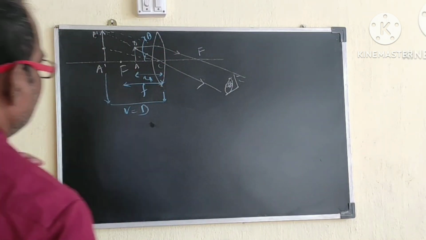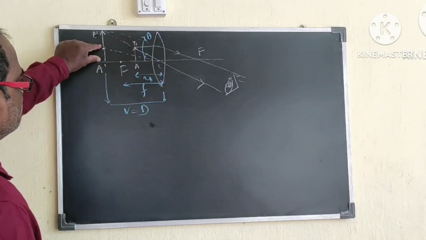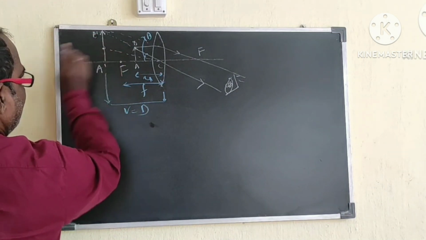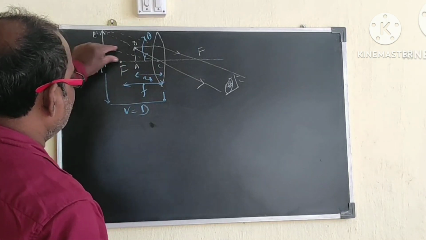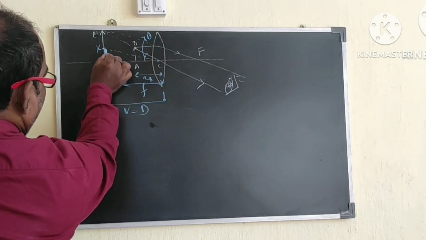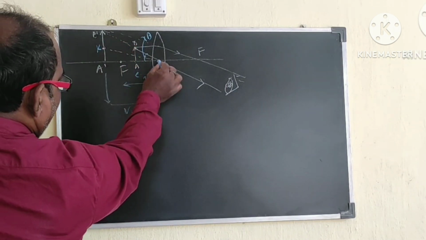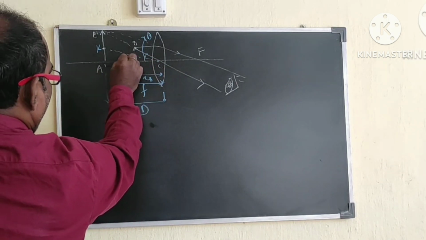And let the size of the object AB be taken here so that this point is somewhere, we can write it here K, then A dash K is equivalent to AB. Now the angle subtended by A dash K at the optical center, you can take as alpha.